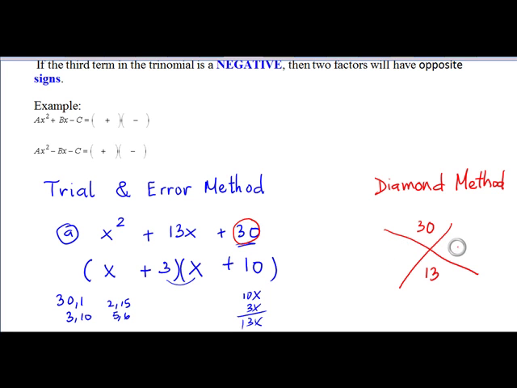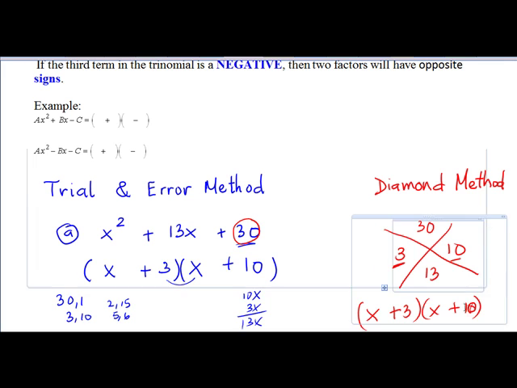You're looking for two numbers to put inside here that multiply equal to 30, and you add them together equal to 13. It will be 3 and 10, because 3 times 10 is 30, and 3 plus 10 is 13. So now you take x, positive 3, and then x, positive 10. You're done. That's your factor.